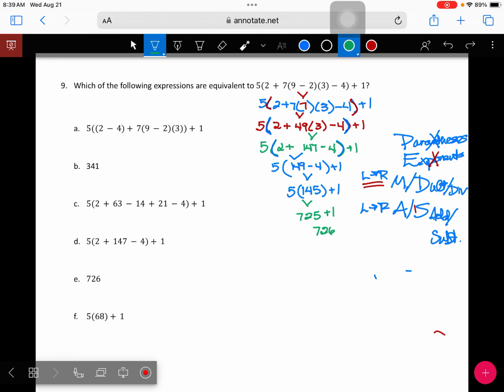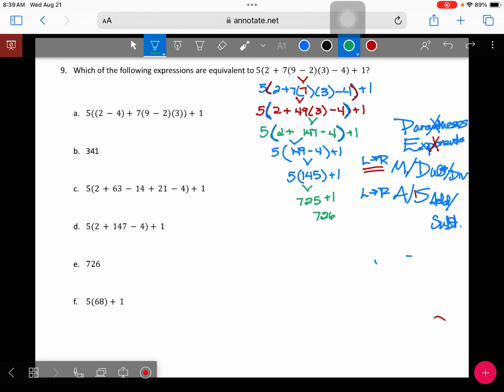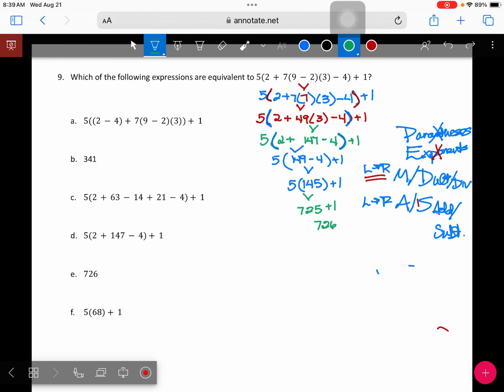Now, which of the following expressions are equivalent to 726? Do you see anything equivalent? E. And we're done, right? Are we done?